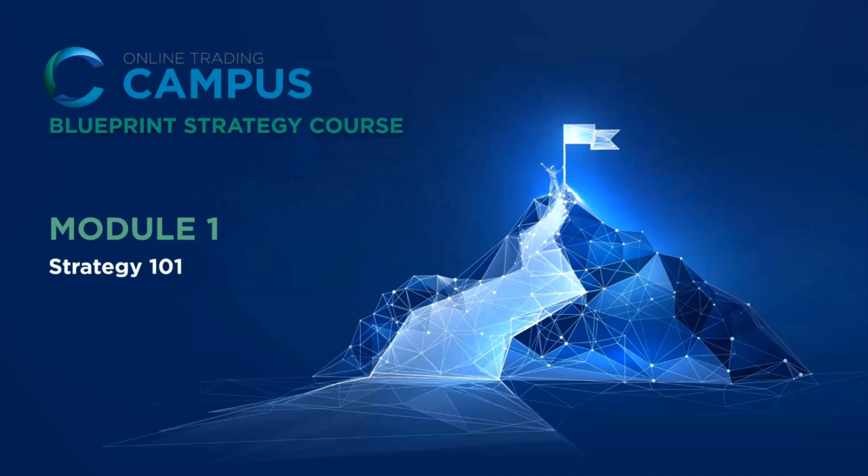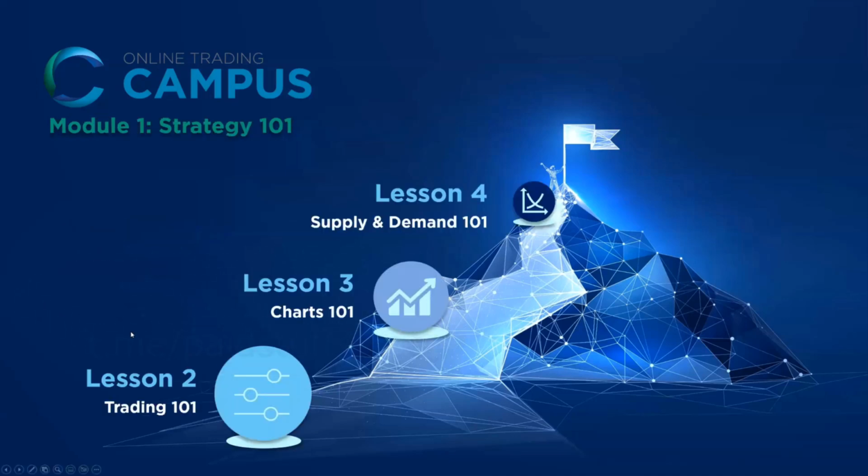In other words, we really want to figure out how to follow the smart money. And this is what we are going to use as an anchor point to continue today's lesson. Trading 101, lesson 2.